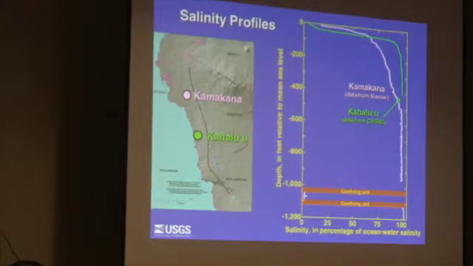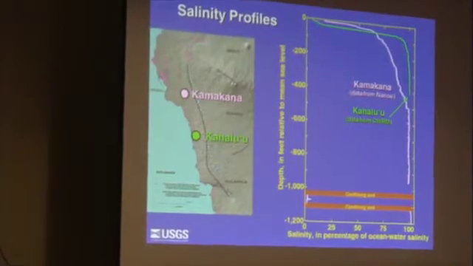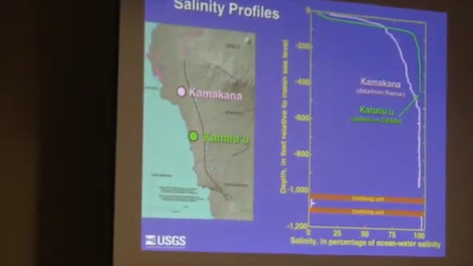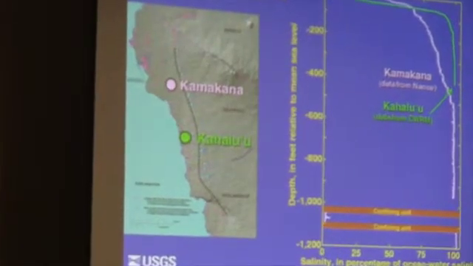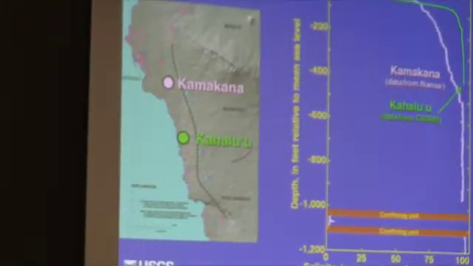The Kamakana profile is actually somewhat unique in terms of what we know from comparable wells in similar settings where you have a very thin freshwater lens. Even as you move further south in Keauhou, the state has a deep monitoring well there that they log, and you can see that there's quite a difference in the shape of the profiles. The pink one, it takes a very long depth increment for it to reach salt water.